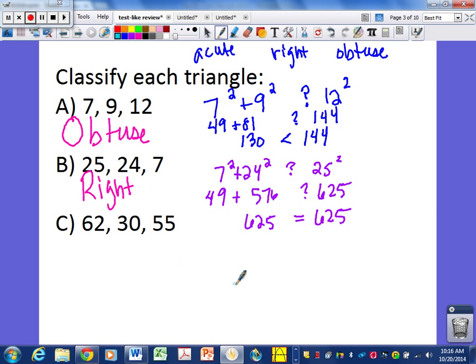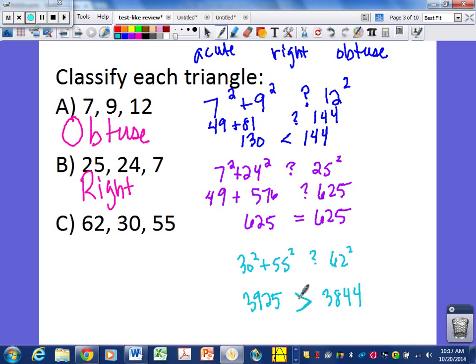Let's check this last one. How does 30 squared plus 55 squared compare to 62 squared? 30 squared plus 55 squared is 3925. 62 squared is 3844.